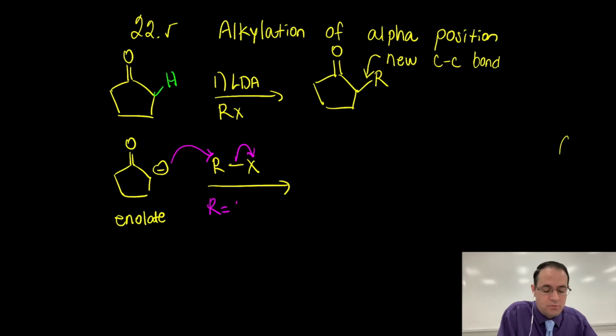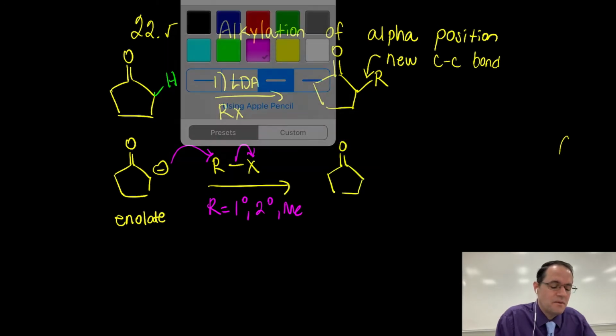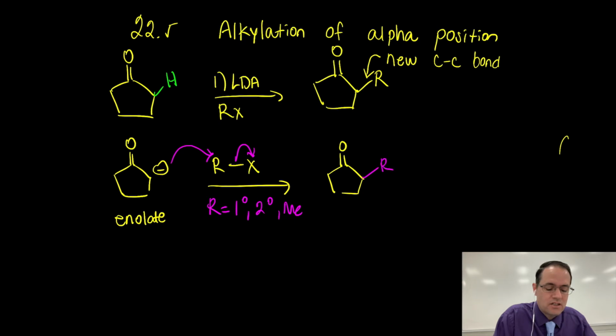So R is going to be primary, secondary, or of course methyl, okay? And this will create your carbon-carbon bond forming event. And this is the key step here, and the reaction occurs through an SN2 reaction mechanism, okay?